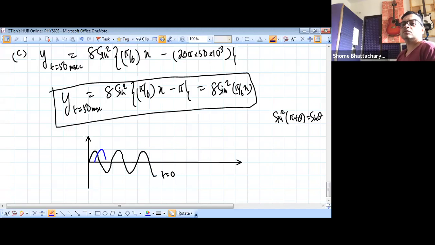So it became something like this. Oh, sorry. So all these shifted by 3 meters we saw in 25 milliseconds.